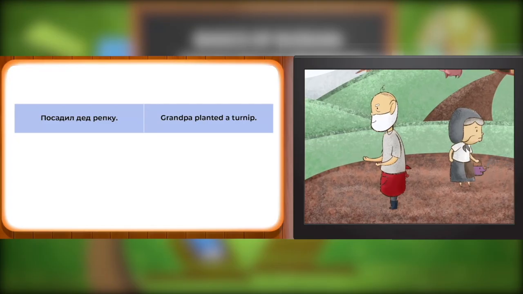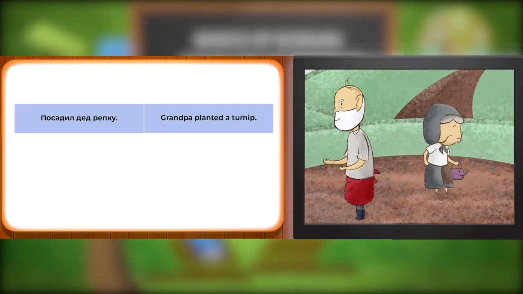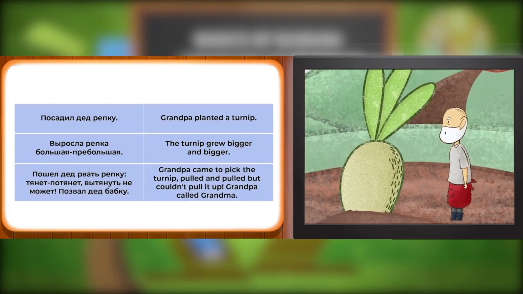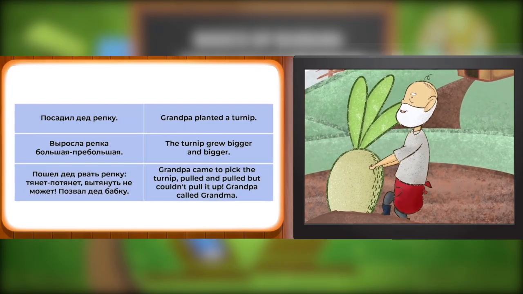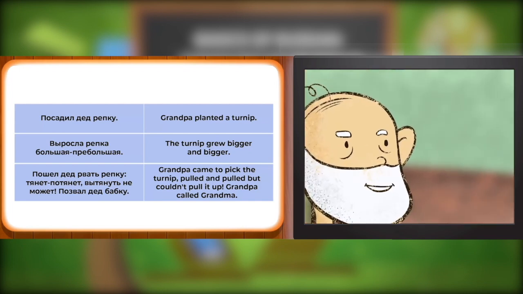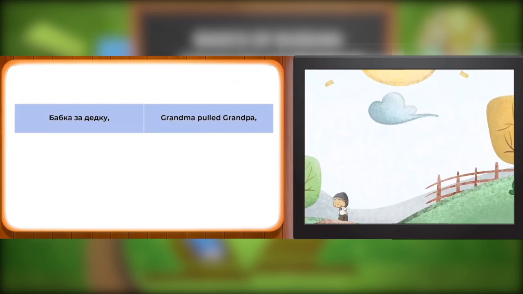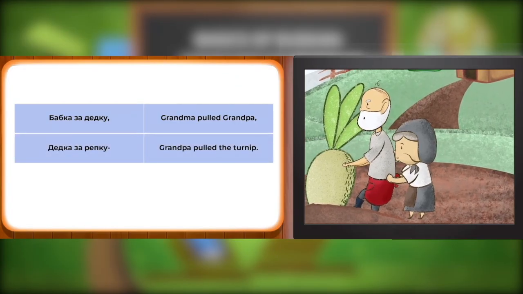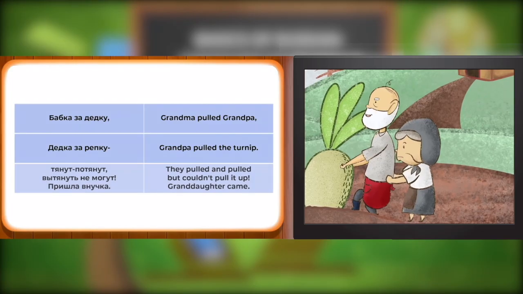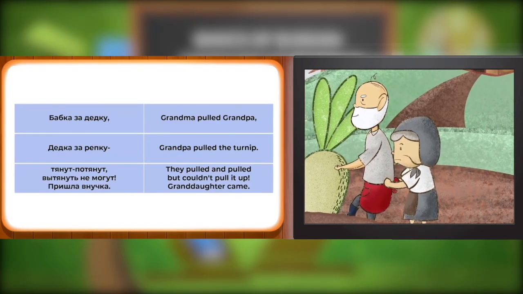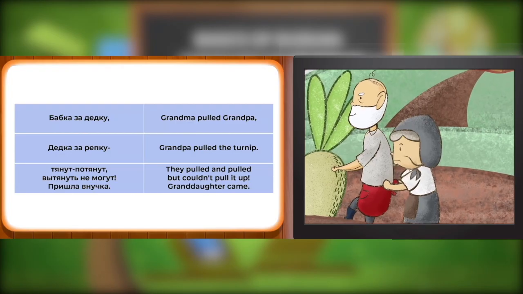Grandpa planted a turnip. The turnip grew bigger and bigger. Grandpa came to pick the turnip, pulled but could not pull it up. Grandpa called Grandma. Grandma pulled Grandpa. Grandpa pulled the turnip. They pulled and pulled but could not pull it up. Granddaughter came.